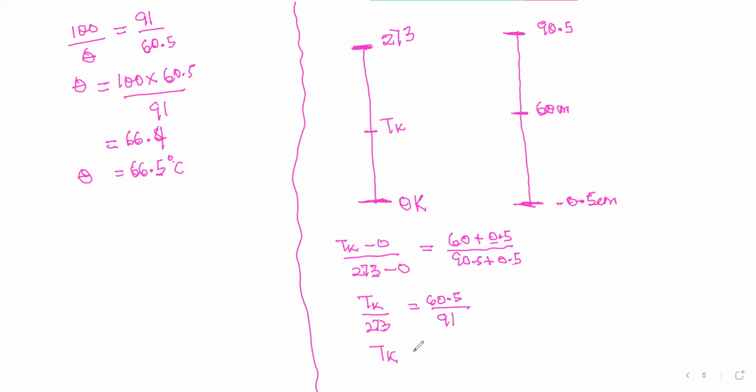TK, therefore, is equal to 60.5 over 91 times 273K, which is equal to what?